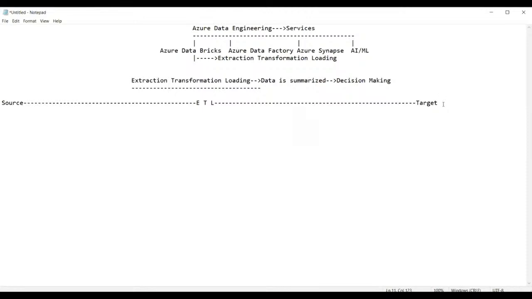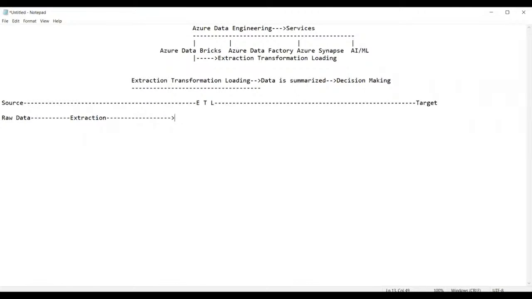Source is a place where we get the raw data. This raw data is extracted as per the requirement in the process of extraction, which means picking up the data.